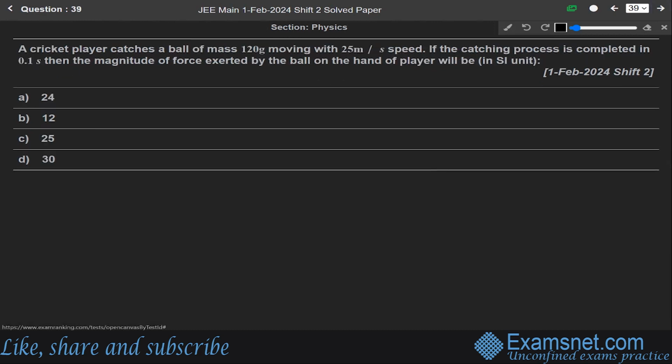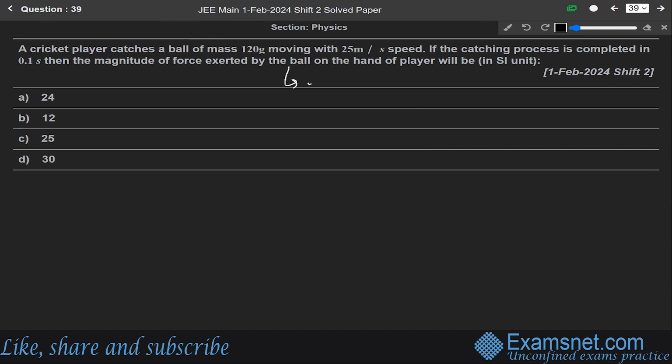Now next question 39. A cricket player catches a ball of mass 120 gram moving with 25 meter per second speed. If the catching process is completed in 0.1 second, then the magnitude of the force exerted by the ball on the hand of the player will be, in terms of SI unit.